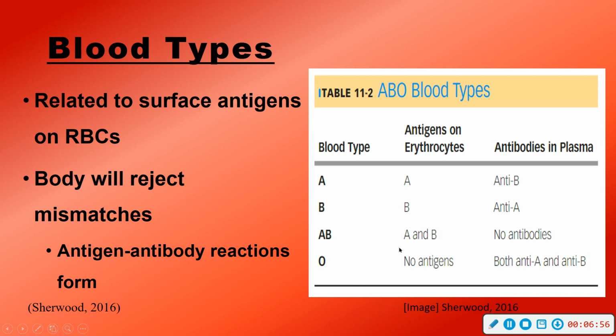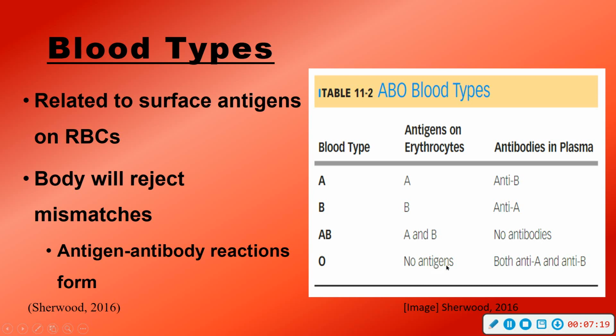Now, ABs are special because they have both A and B antigens, which means they don't need any antibodies because they don't want to get rid of any of them. O, they don't have any antigens, so they can have antibodies for both A and B. They can have both because none of them need to fight against each other.